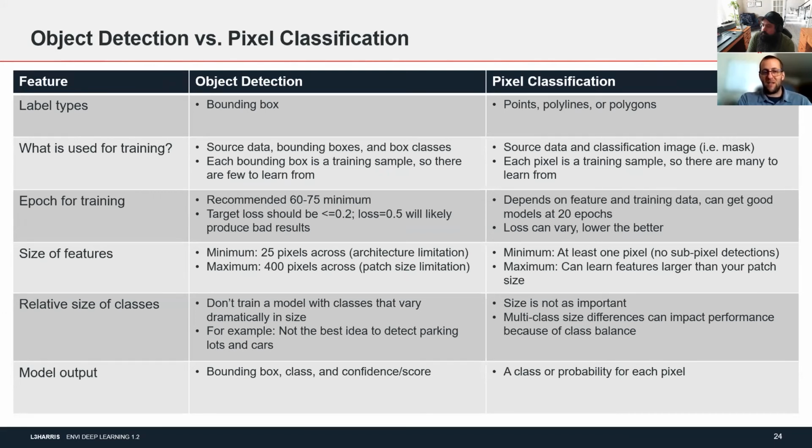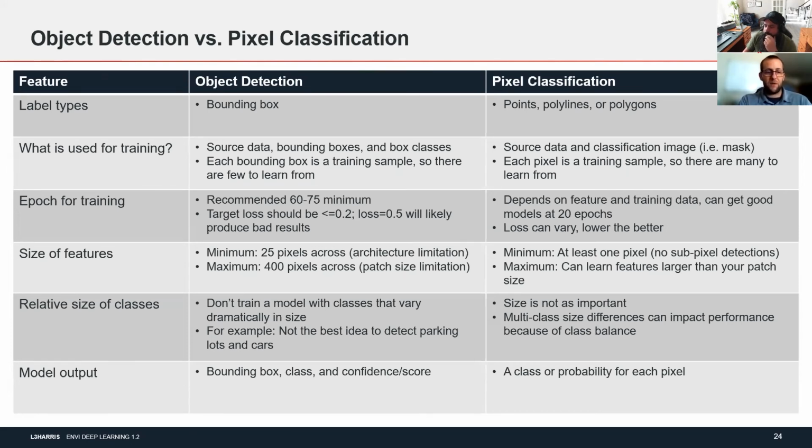Whereas with object detection, you have to manually specify every bounding box. So there's going to be fewer bounding boxes than there are pixels. That's part of why I would say it takes a little bit longer to train. And in addition to that, object detection is giving you a bounding box and a class for that bounding box. So there's two different things that the network has to learn, and it can just take longer.